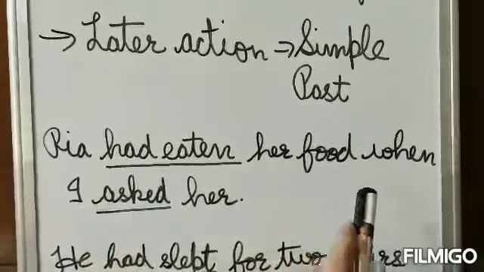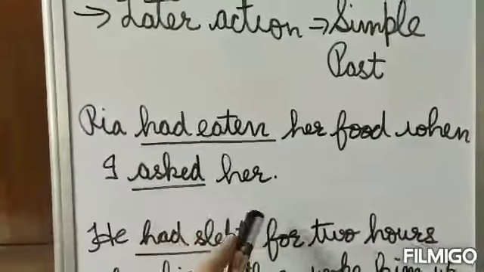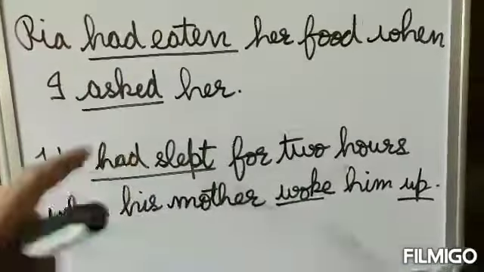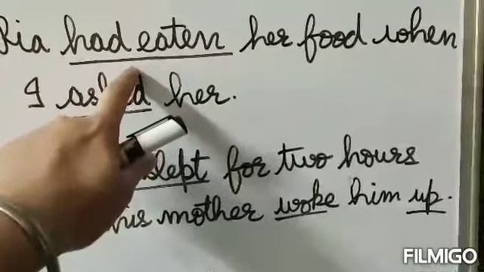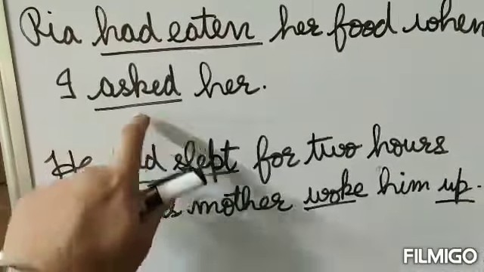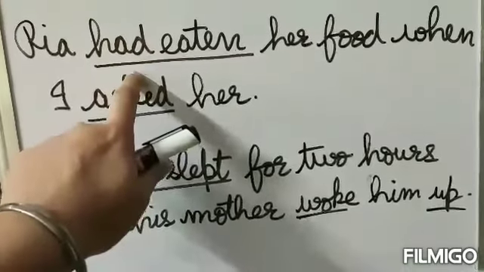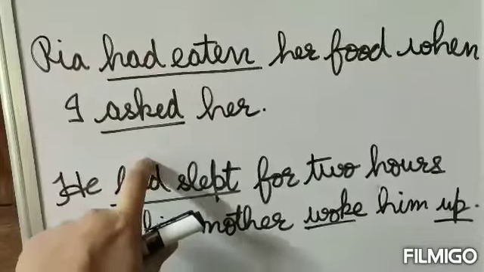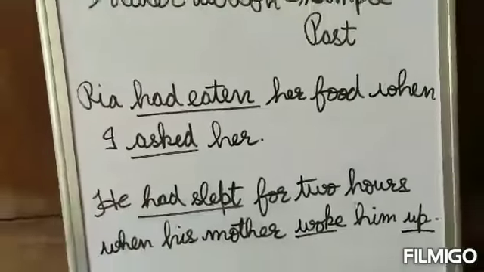Ria had eaten her food when I asked her. So Ria had already eaten food before and I asked her later. So this is the action that took place first and this is the second action. The first action would be written in past perfect form and the second action in simple past form.